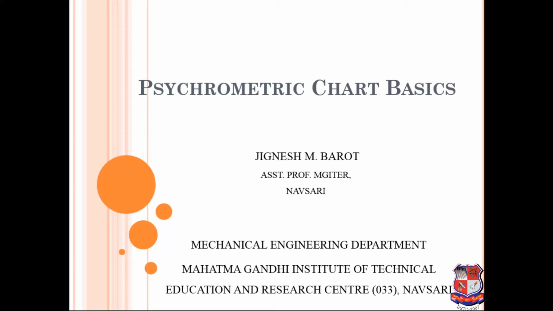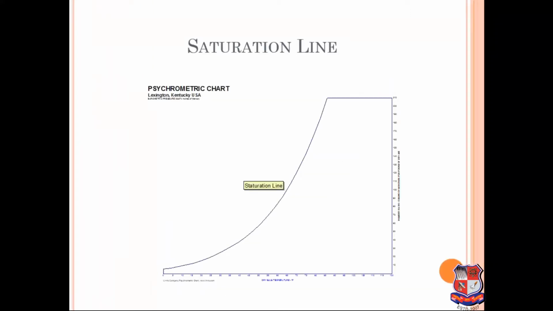Firstly, we will see the construction of different lines on this psychrometric chart. We'll start from the saturation line. The only value that cannot be calculated from air and water vapor equations is the saturation line. You can see the curve is the saturation curve.